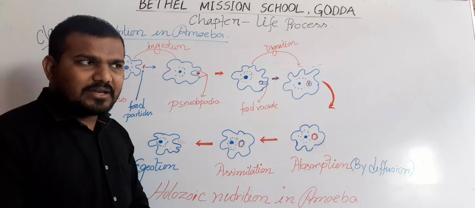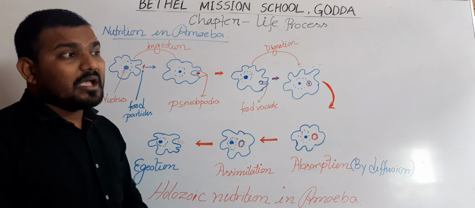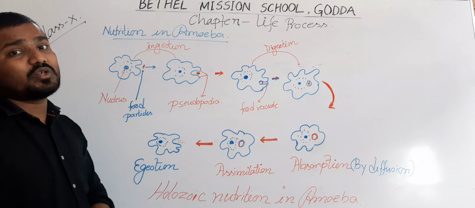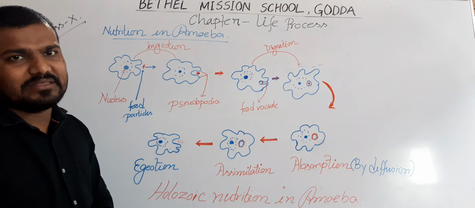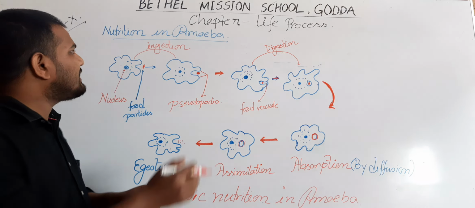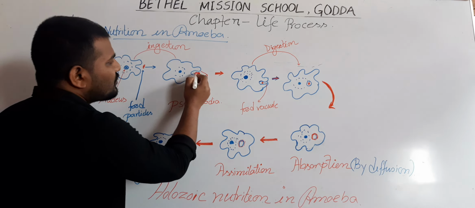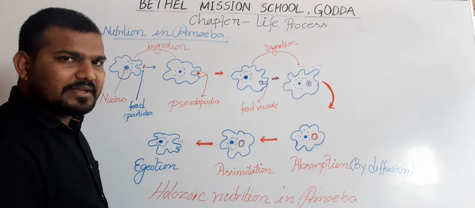In Standard 9, we discussed the plasma gel and sol theory. By the increasing and decreasing of the protoplasmic or cytoplasmic ratio, it can form the false leg known as a pseudopodia. When the food material comes in contact, the pseudopodia rotate around the food material to capture it.